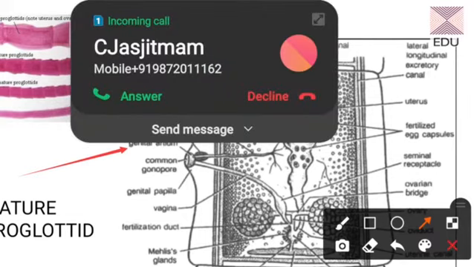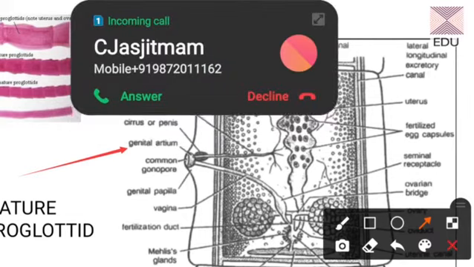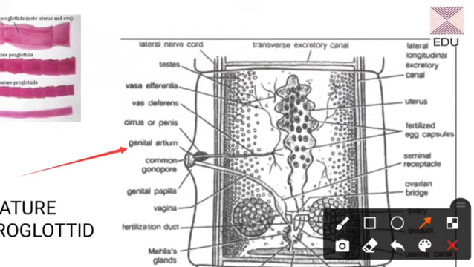It is a kind of common pore for both the male and female reproductive tracts. Here you can see the common gonopore, and this is the genital papilla.